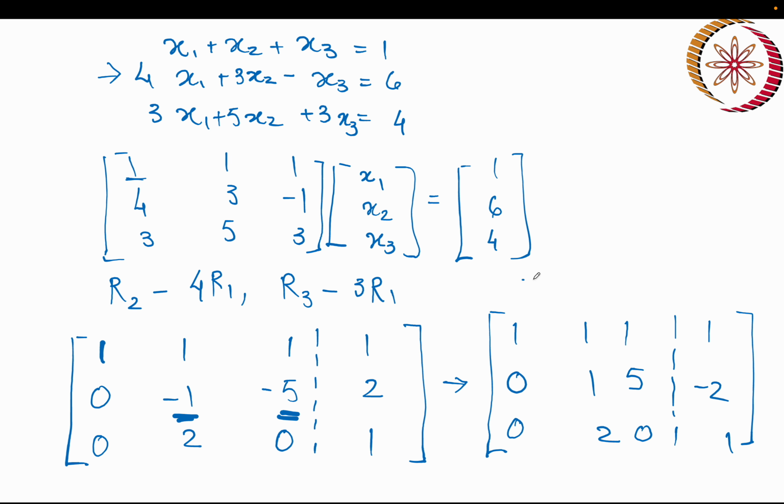So what we have done is change r2 to minus r2. Now we have to make the element below this pivot, which is 1, into 0. So we'll subtract 2 times row 2 from row 3, so r3 changes to r3 minus 2 r2.